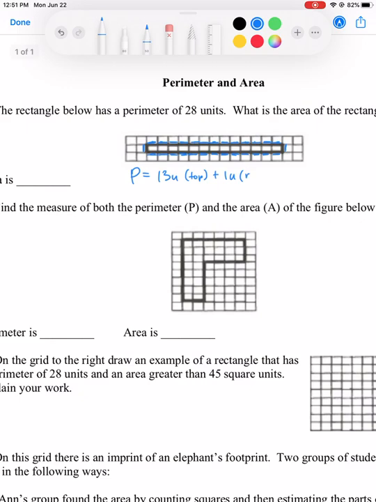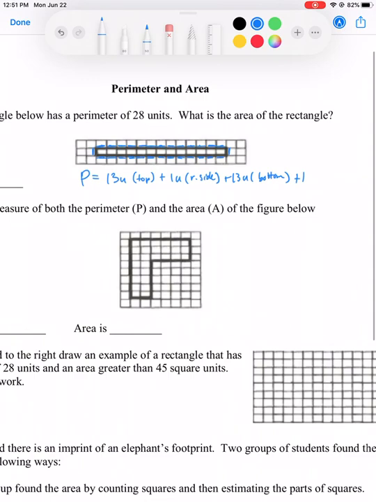Going right next, plus 13 units from the bottom, plus 1 from the left side. Okay, what we have is 13 and 13 make 26, and it equals 28 units.